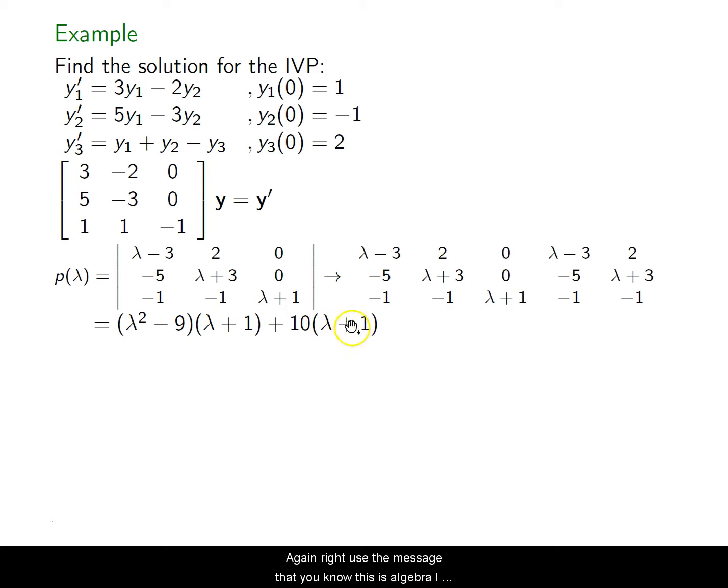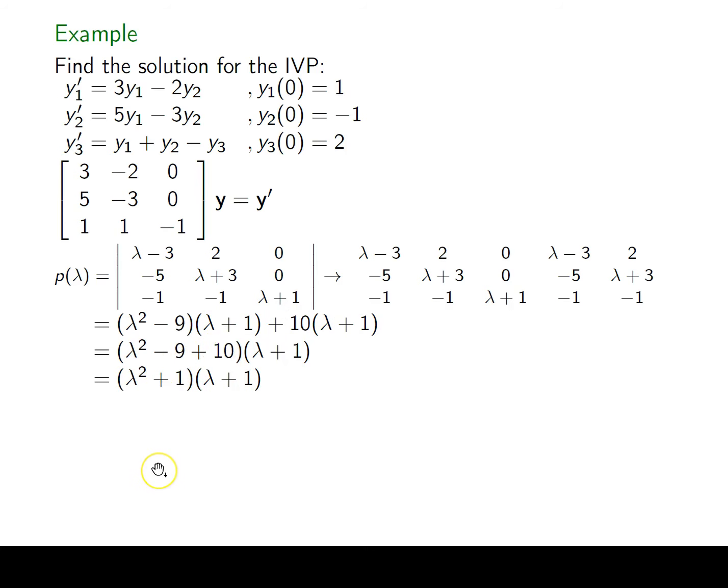This is algebra. I have a common factor here of lambda plus 1. So let's just pull that out, and I'm left with lambda squared minus 9 plus 10, all of that being multiplied by this common factor. So that makes this really nice. Lambda squared plus 1, which gives me a complex solution and a real solution: minus 1 and plus or minus i.